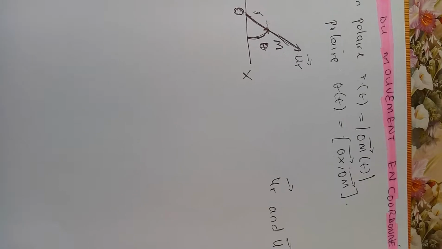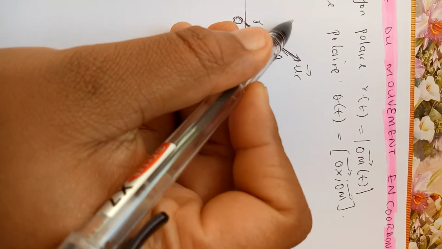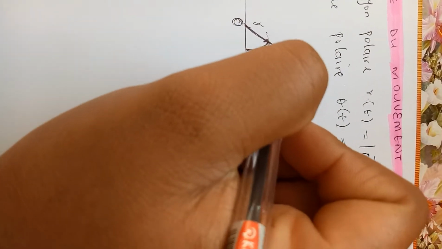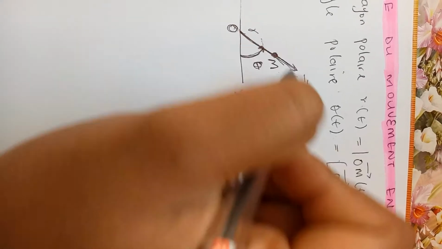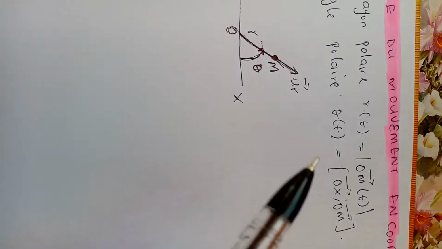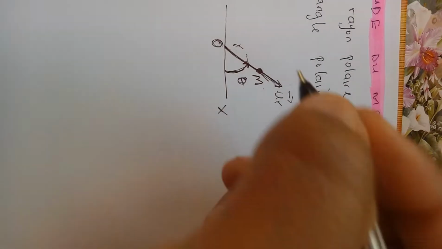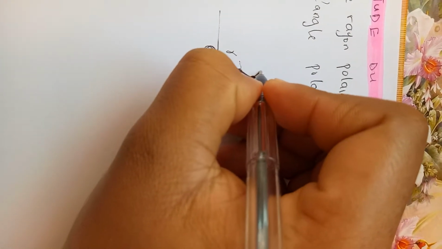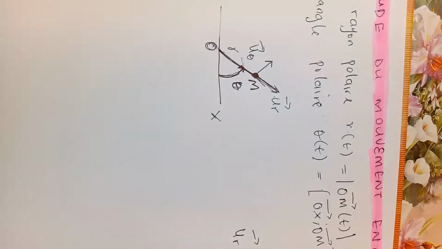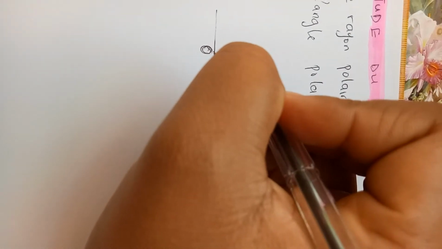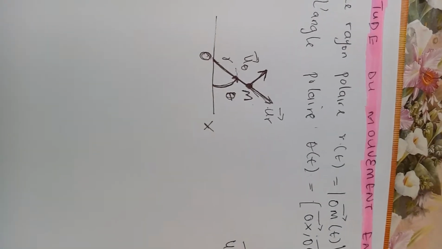So when you rotate u_r from OM, remember, from here, there you find your u_theta, vecteur unitaire. This is not to scale, but it's something close to this.